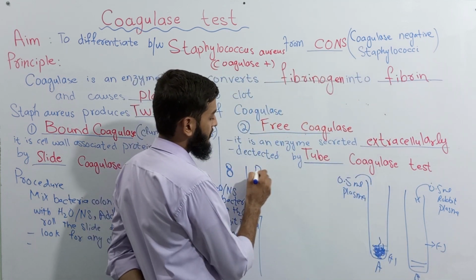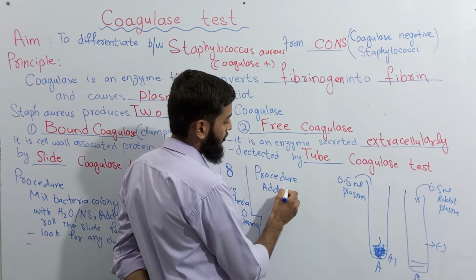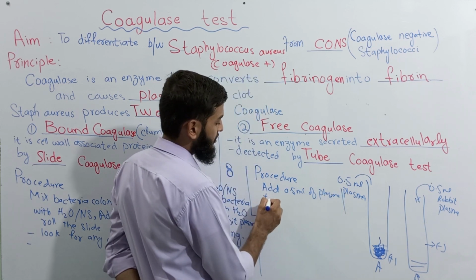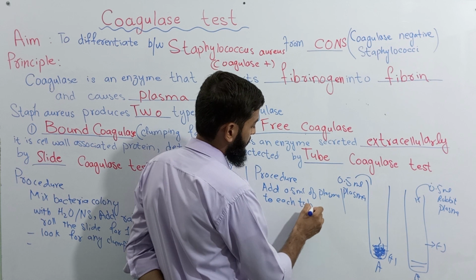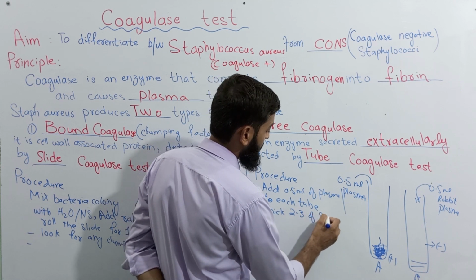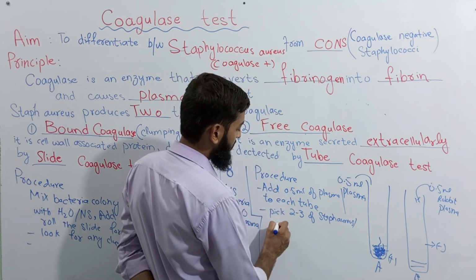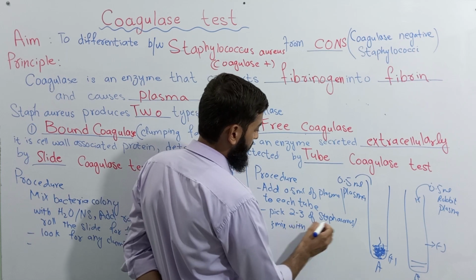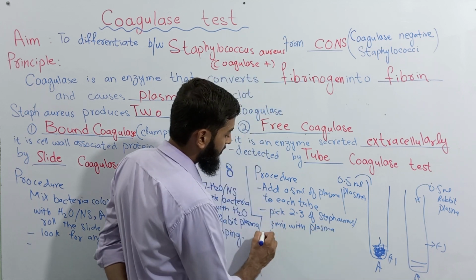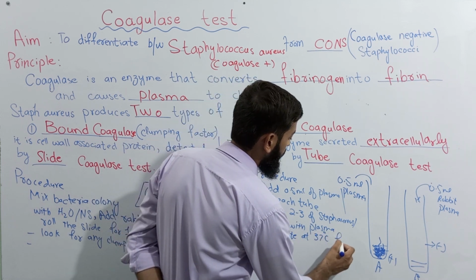So write down the procedure: add 0.5 ml of rabbit plasma to each tube, pick 2-3 colonies of Staph aureus or suspected culture and mix with the plasma, incubate at 37 degrees centigrade for 4 hours.